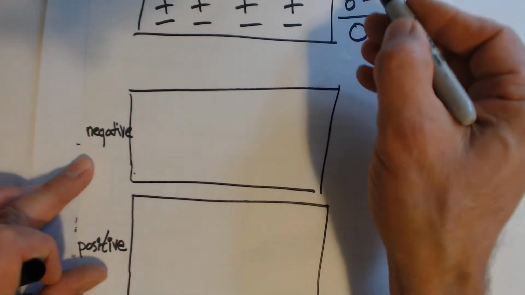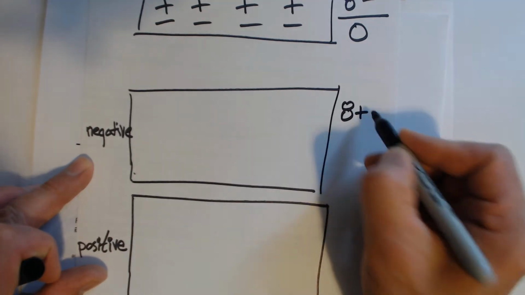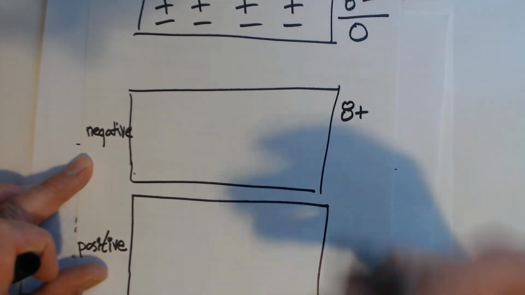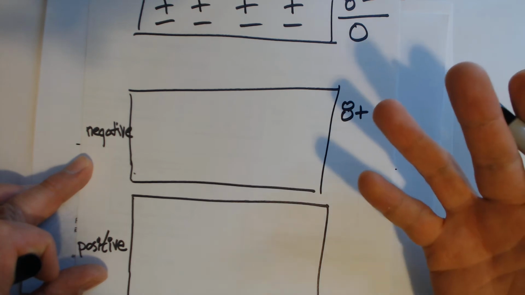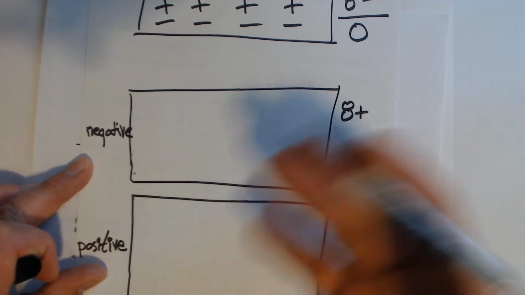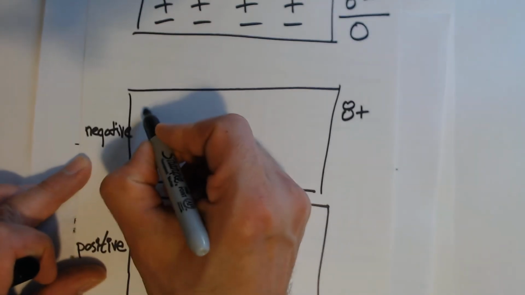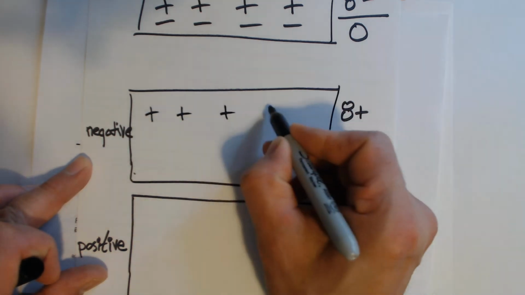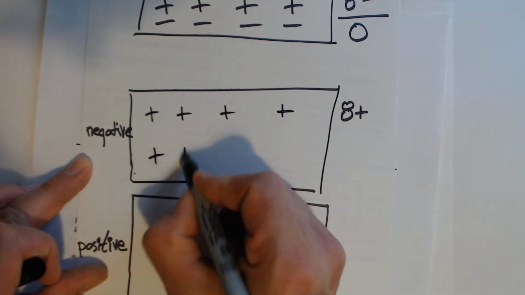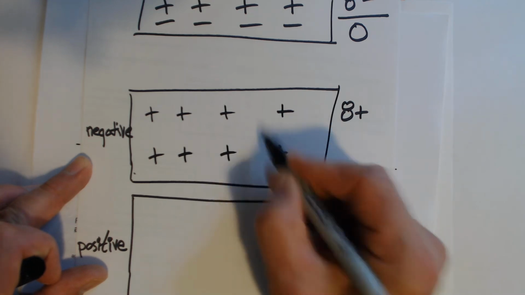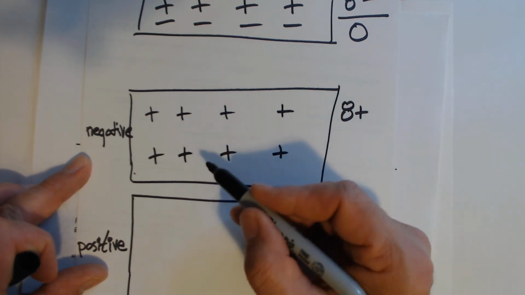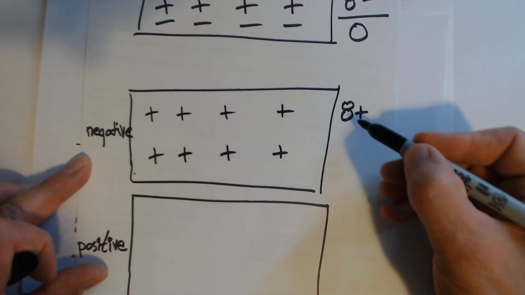Now, if I'm drawing a negatively charged object, I again start with 8 pluses. Just pretend that, but you don't have to pretend. Protons can't move from the material, so let's just say every object has the 8 pluses. So I draw 1, 2, 3, 4, 5, 6, 7, 8. Now, if it's negative, it has to have more than 8 electrons.